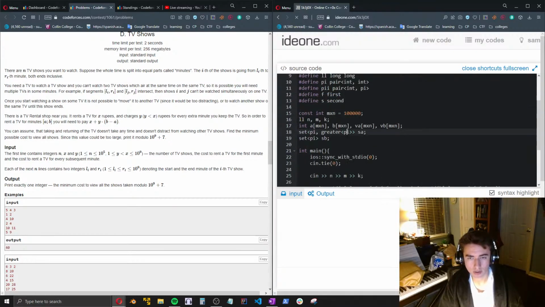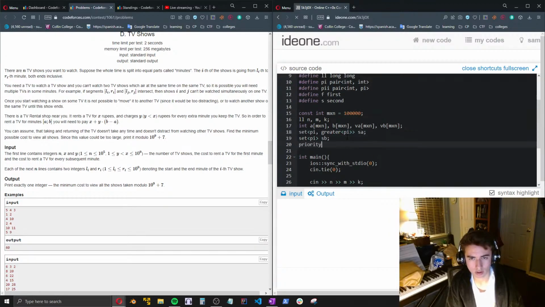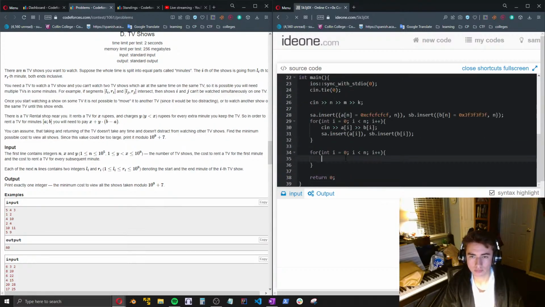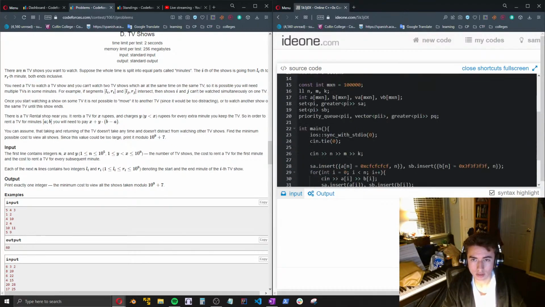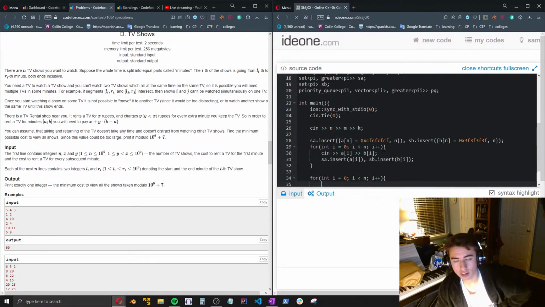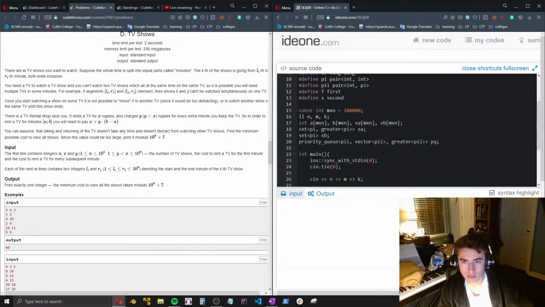So here's a priority queue. So first off, we'll put in all the initial distances.